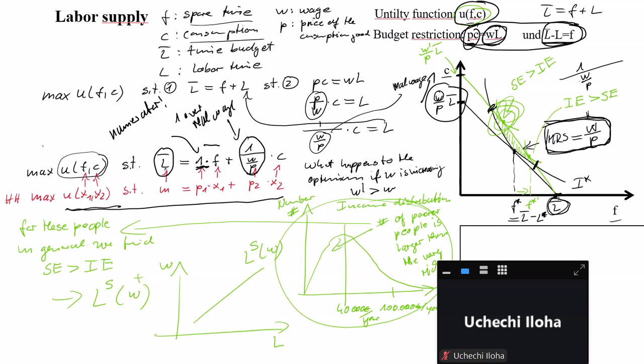So earning a higher wage rate would now mean I can consume the same level with less work. There we argued these preferences will be found maybe in the part of the society where I have the richer people, because they already have almost everything they want.